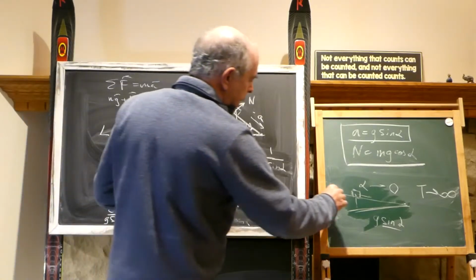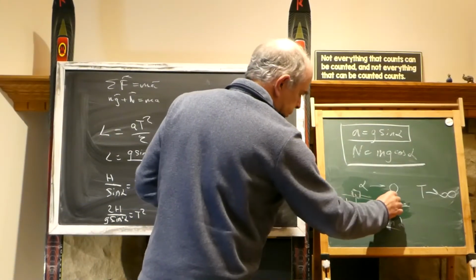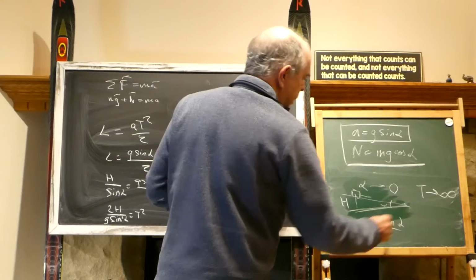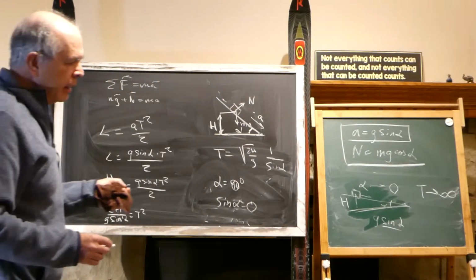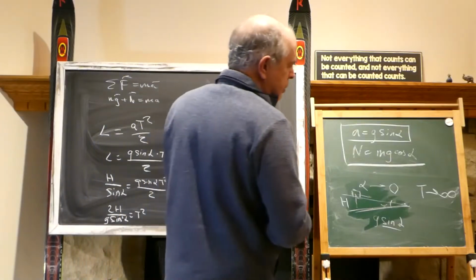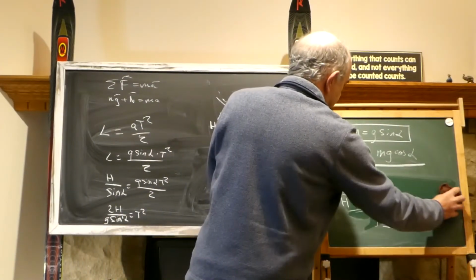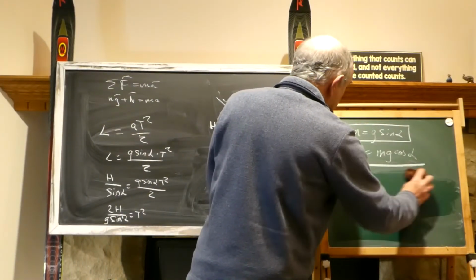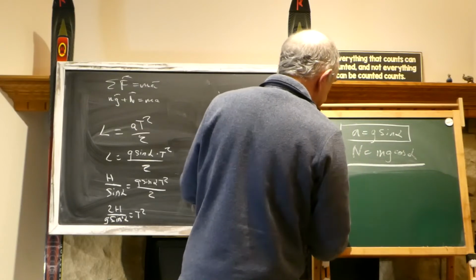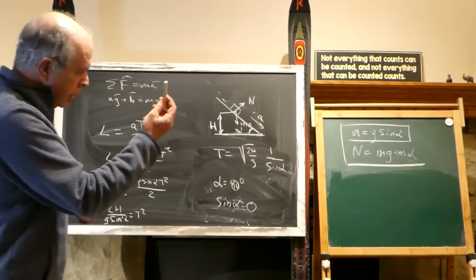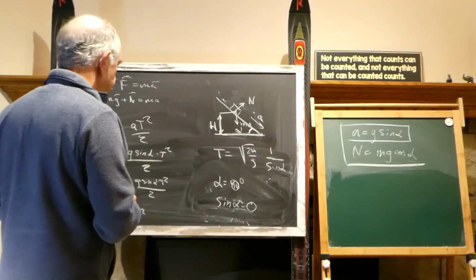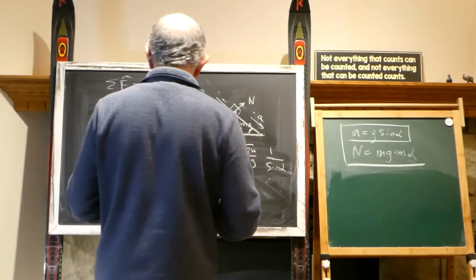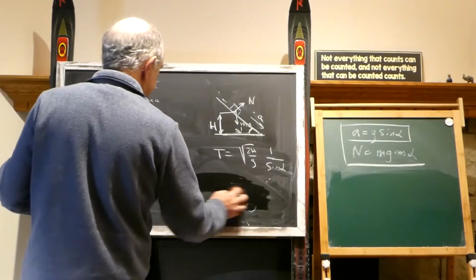Because it's the same h, but if this is alpha, this distance becomes very big, because distance is h over sine alpha, and time would be really, really big, so that makes sense. And so time will be big with small angles, and with vertical angles, when alpha equals 90 degrees, time will be minimum. So that solves everything about the time.